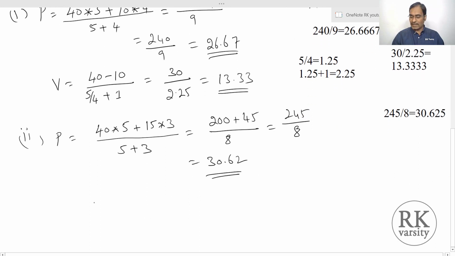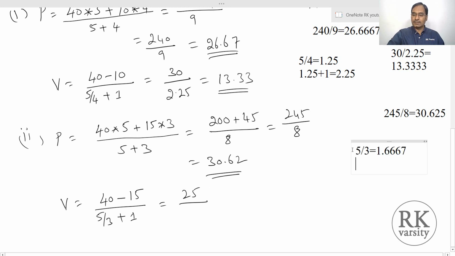Now we calculate the value of rights issue. So the value of rights issue equals 40, the market price, minus 15, the rights price, upon the ratio, which is 5 by 3, 5 old shares and 3 new shares, plus 1. So this equals 25 upon 5 by 3, 1.67 plus 1, 2.67.